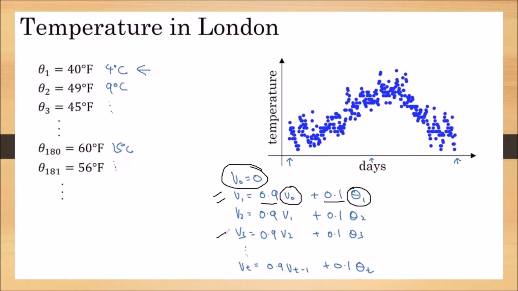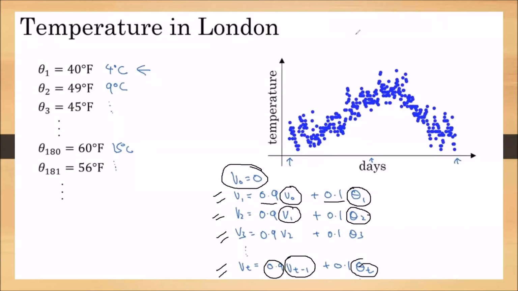Now V2 is 0.9 into the previous moving average V1 plus 0.1 into the present day temperature theta 2. Similarly, Vt is equal to 0.9 into the previous moving average, that is Vt minus 1, plus 0.1 into the present day temperature.